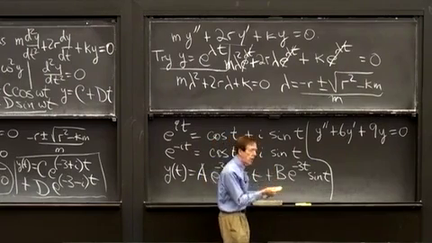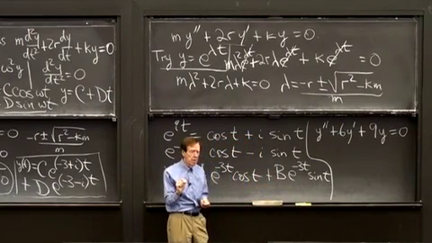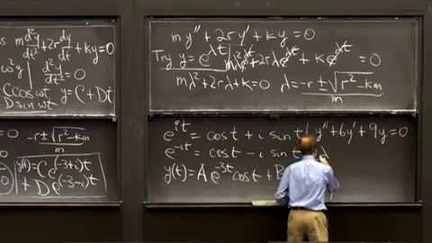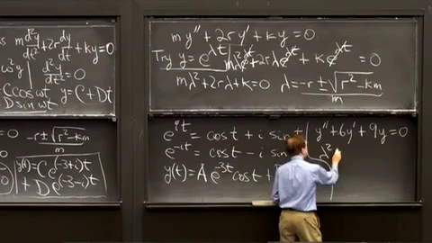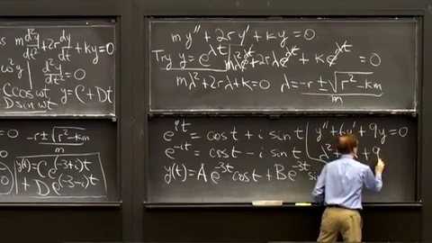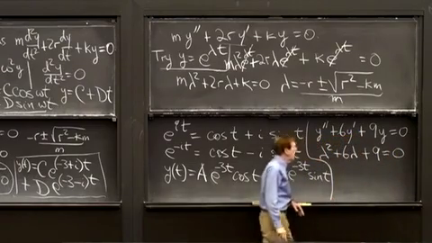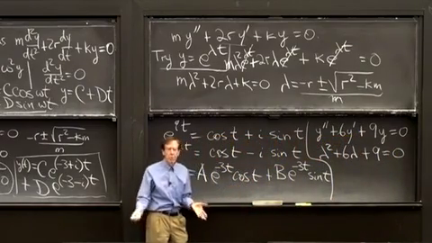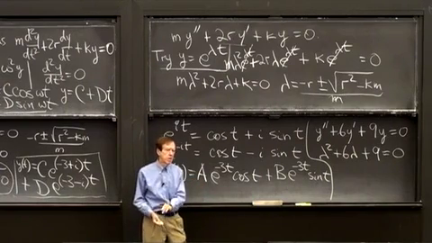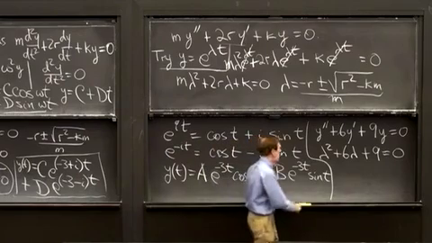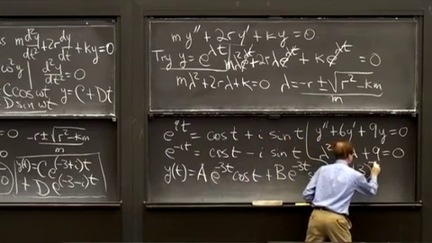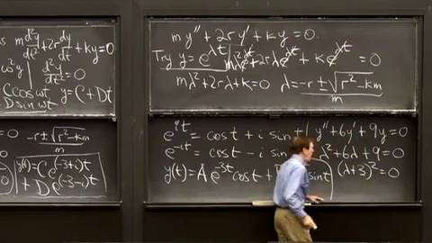You know that I'm going to try y equal to e to the lambda t. Let me substitute that. I'll get lambda squared coming from 2 derivatives, lambda coming from 1 derivative, 9 coming from no derivatives. I've got my quadratic equation that's supposed to give me 2 lambdas. Little problem here. When I factor this, it factors into lambda plus 3 squared equals 0.